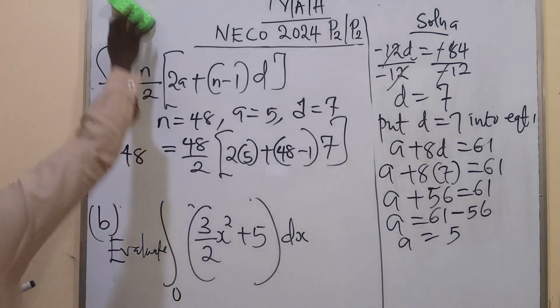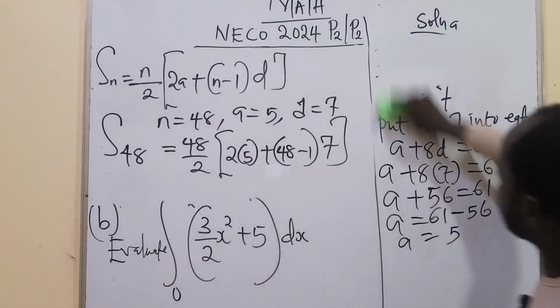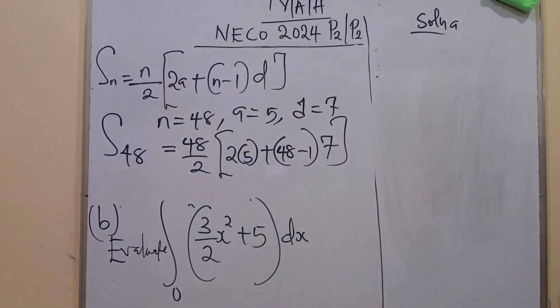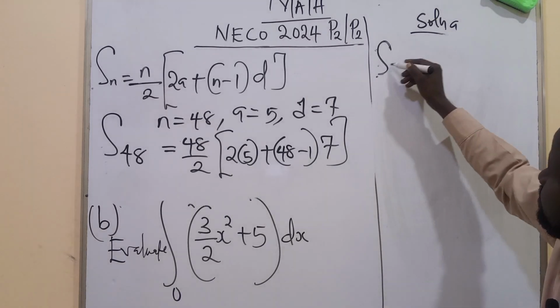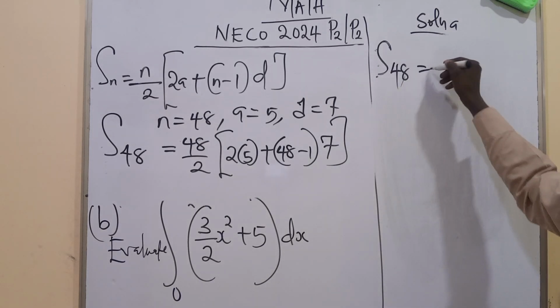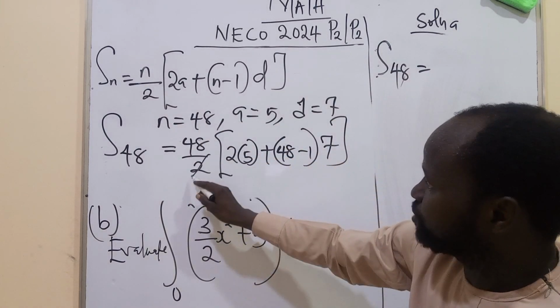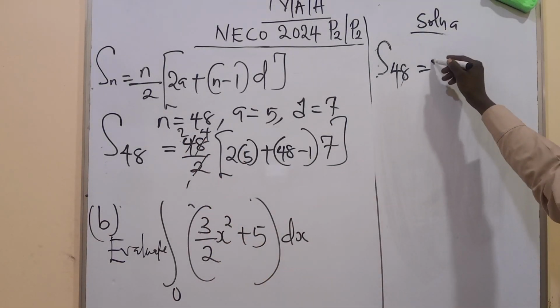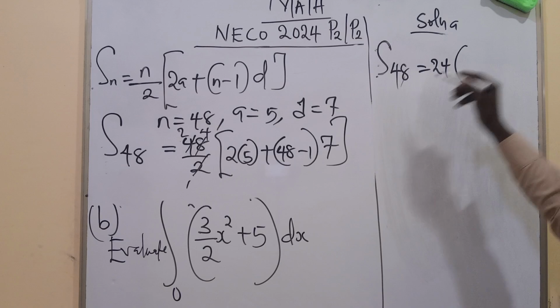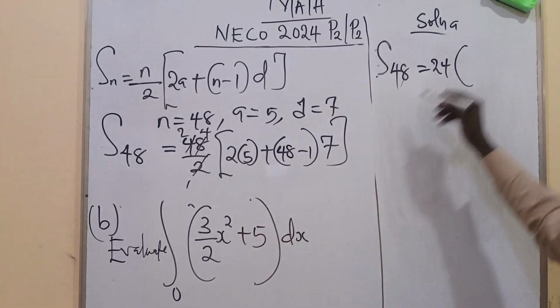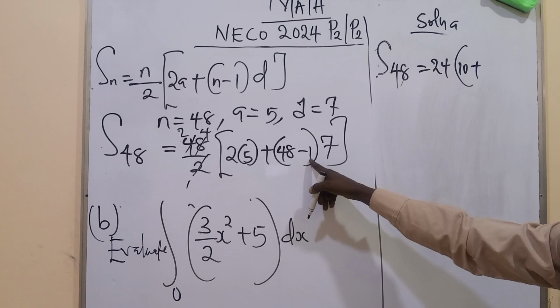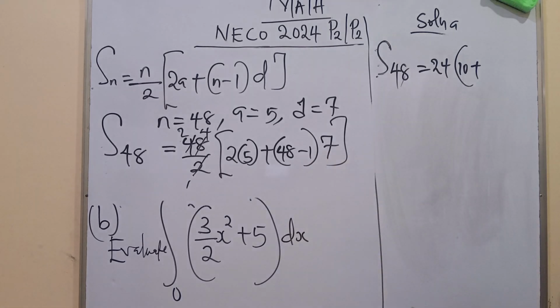So let's move here to resolve that quickly. Sum of the first 48 terms now will be equals to, we can reduce this 2 here: 1, 2 here, 2, 2 here, 4. That will be 24, bracket open, 5 times 2, that's 10, plus 48 minus 1, that's 47, times 7.